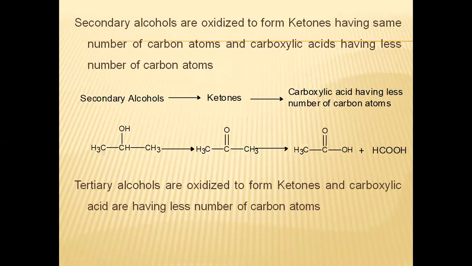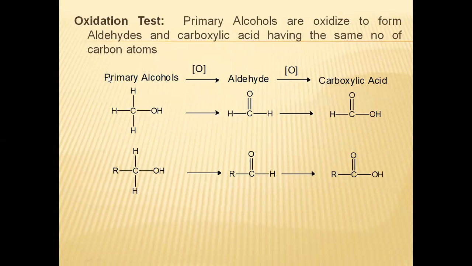Tertiary alcohols oxidize to form ketones with fewer carbons, and the carboxylic acid also has fewer carbons. When you take primary alcohols, the same number of carbons is present in the aldehyde and in the carboxylic acid as in the alcohol.